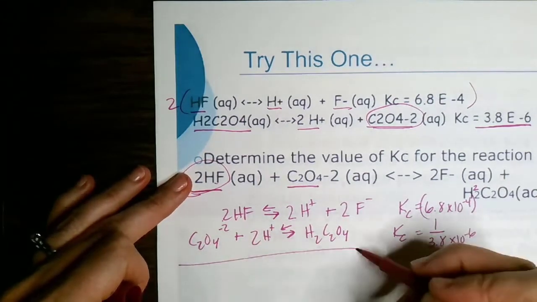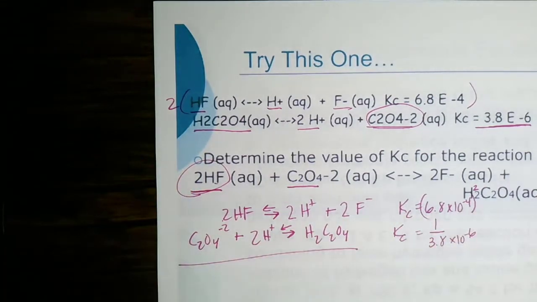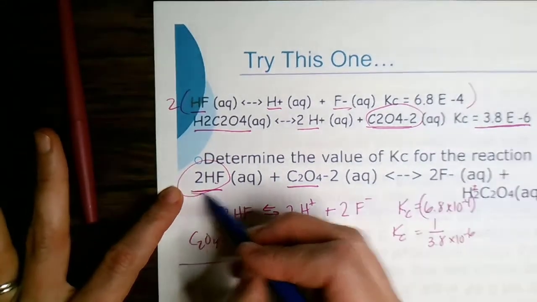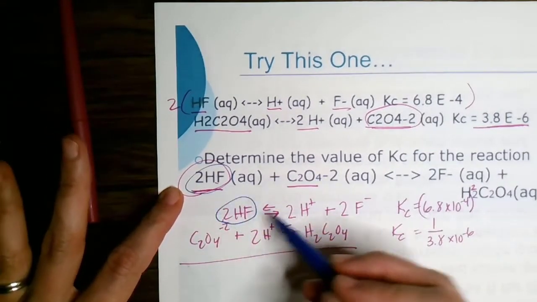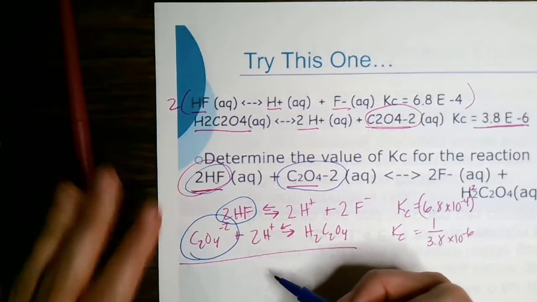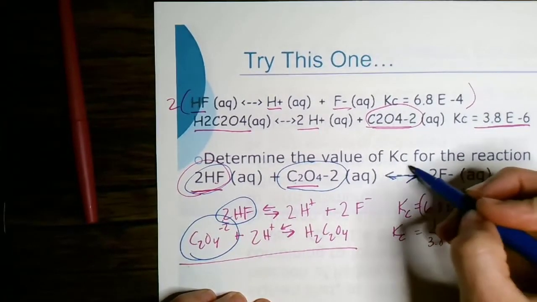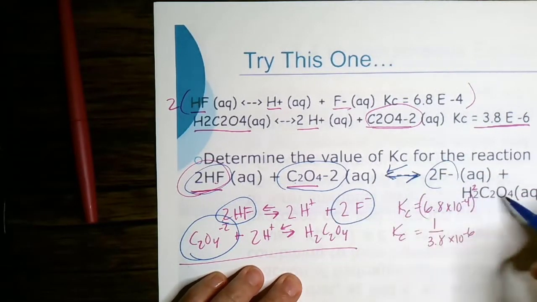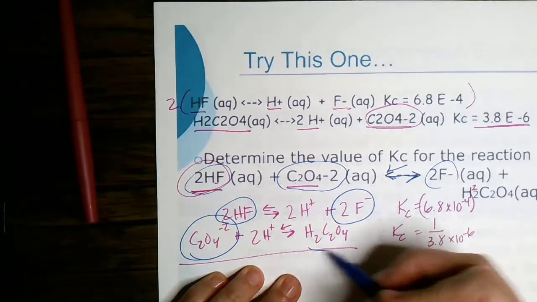All right, and let's just double check here and make sure that we have our net equation. So I've got 2HF on the left, plus C2O4, in dynamic equilibrium with 2F-, plus H2C2O4, there we go.